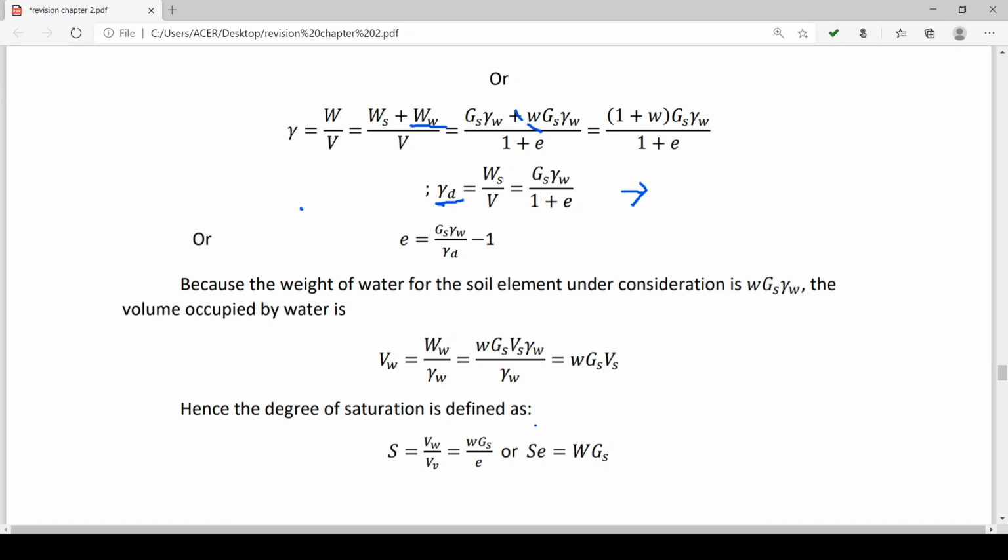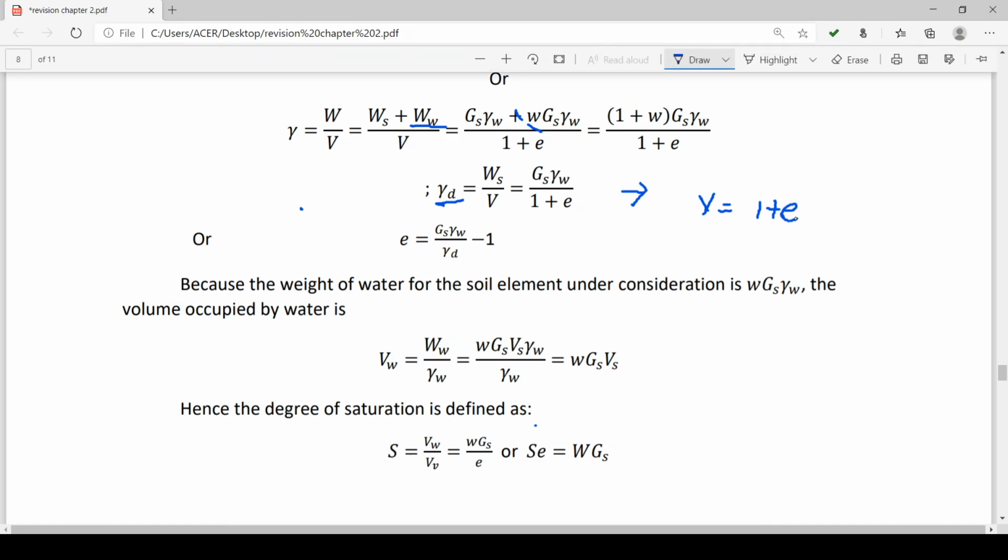Magsimula tayo sa WS all over V. Okay? So, yung mangyayari sa V natin, yung ginawa natin kanina, that would be equal to 1 plus E, and then VS. This is smooth lang sa whiteboard. And then sa taas naman, that is WS.